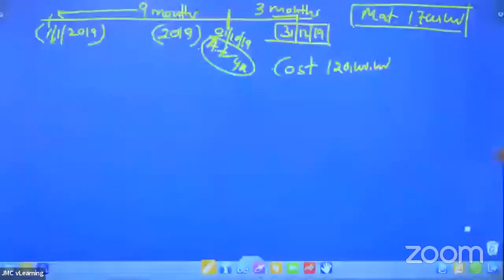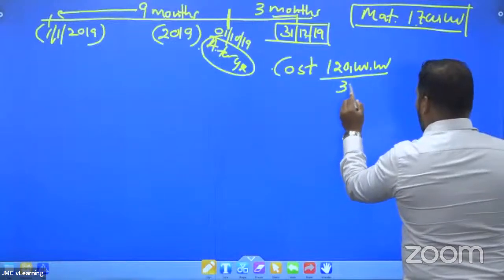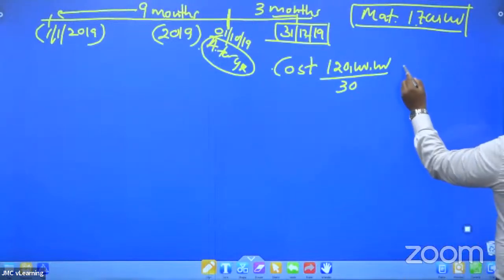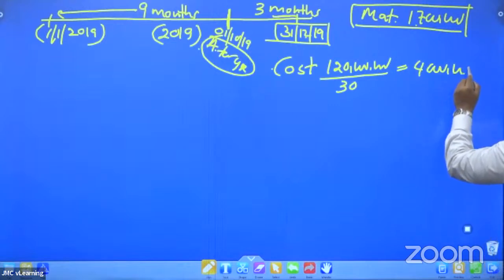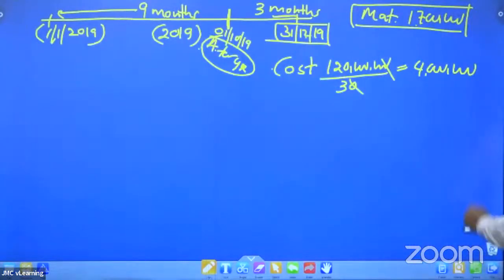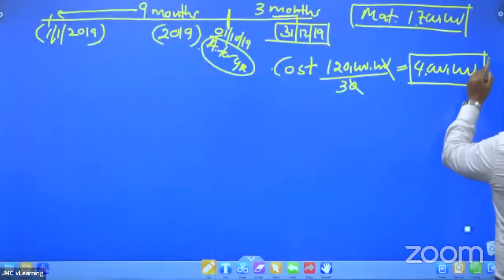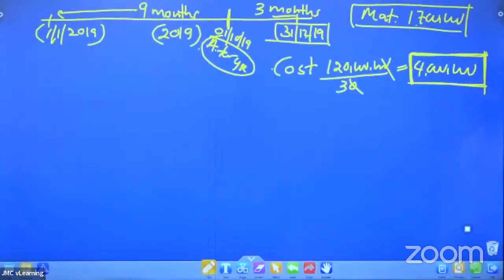So what would be the depreciation for an entire financial year? That is basically 4 million.